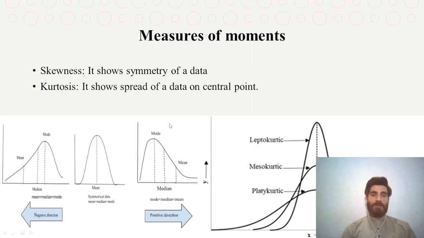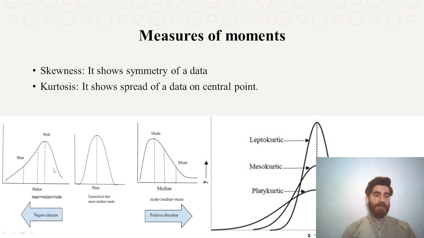Now there are measures of moments. These two are measures of moments, skewness and kurtosis. Skewness shows us the symmetry of the data. Like in this first picture, in the middle graph, you can see the data is symmetrical. So this is symmetrical data with zero skewness.